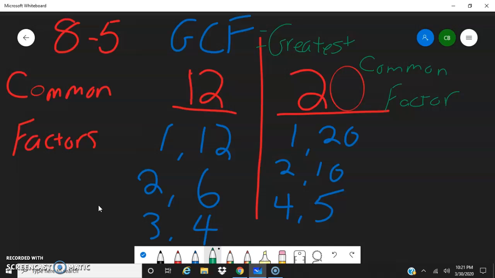Just by looking at the numbers 12 and 20, we can tell that our GCF is this number 4. See how 4 appears on both lists? So our GCF of 12 and 20 is 4.